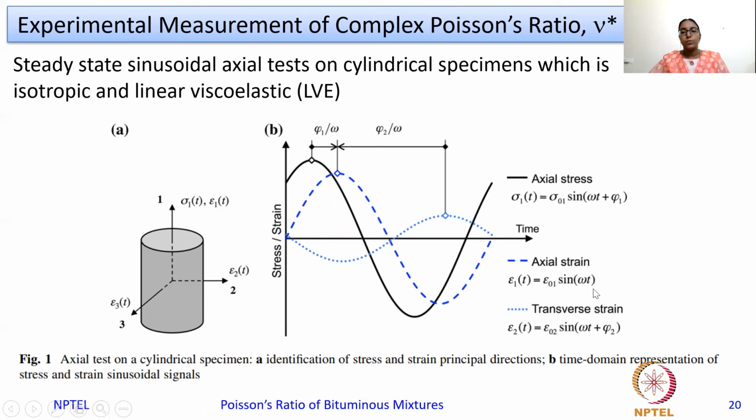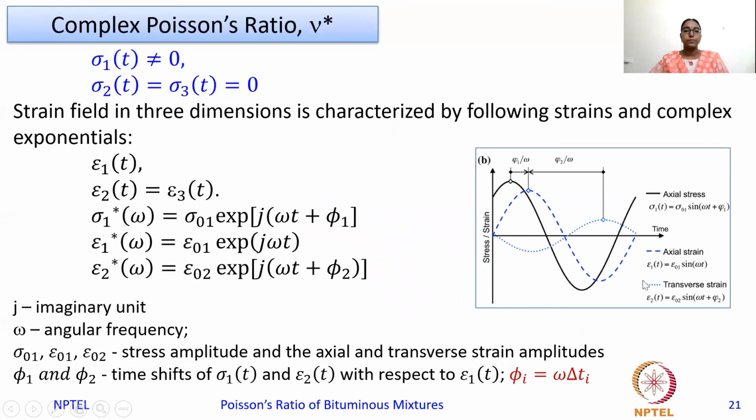With respect to that, the stress in the axial direction is given by this black line, which is sigma 01 sine omega t plus phi 1, where phi 1 is the phase angle with respect to the reference strain that we have considered. And the strain in the other direction, epsilon 2 t, given by the small dotted line, is equal to epsilon 02 sine omega t plus phi 2, where phi 2 is the phase angle with the axial strain in the first direction.